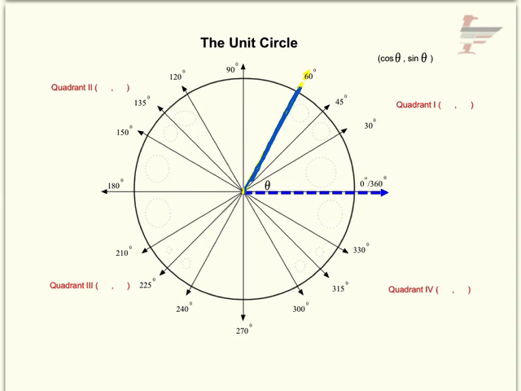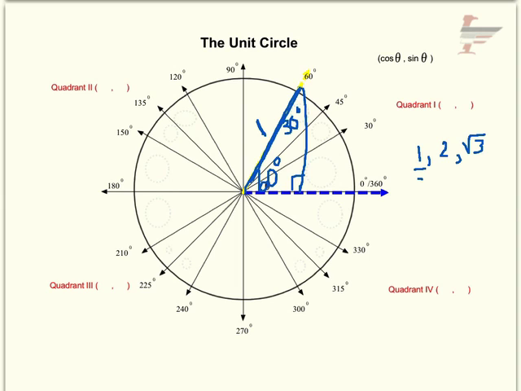I got the 60-degree angle, so again I'm going to turn it into a right triangle. I know that this is 60 degrees, which means this has to be 30. And of course I know 30, 60 again is the 1, 2, square root of 3 ratio. So my radius is 1, and it's supposed to be my hypotenuse again, which is supposed to be 2, so I'm just cutting everything in half.